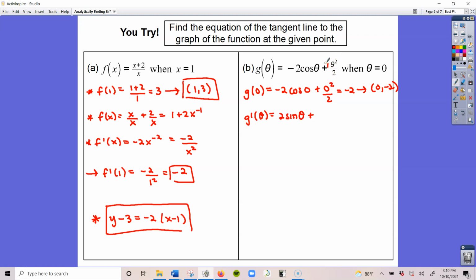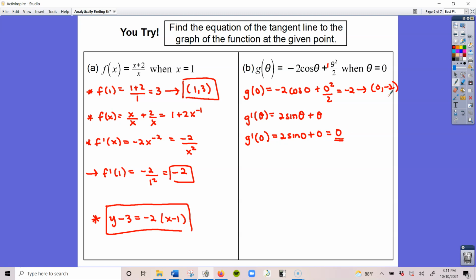So 2 times 1/2 is 1, so theta, and then subtract the 1 from the exponent, which is 1. So this is my derivative, 2 sine theta plus theta. Now we plug in 0 to get the slope, which would be 2 times the sine of 0 plus 0. The sine of 0 is 0, and 2 times 0 is 0, and then plus 0, everything is 0.